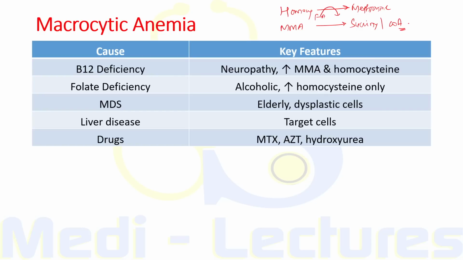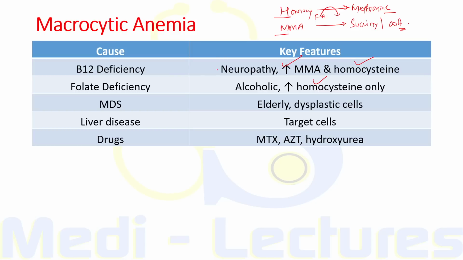So, folic acid is also required for conversion of homocysteine to methionine. Now, in B12 deficiency, there will be increased MMA, methylmalonic acid, as well as homocysteine. But in folate deficiency, only homocysteine will be elevated in blood and urine.